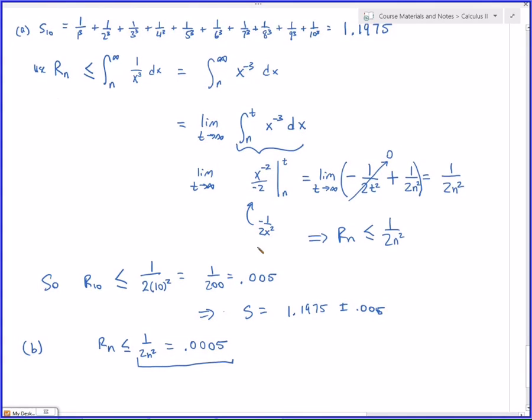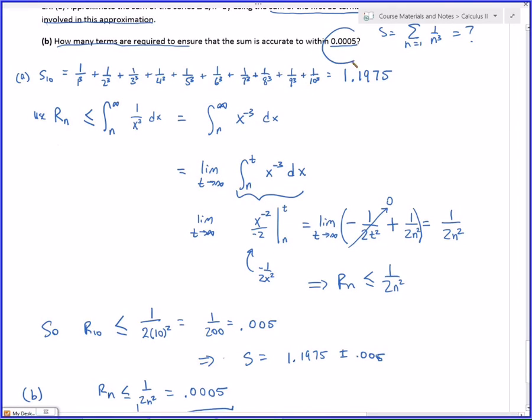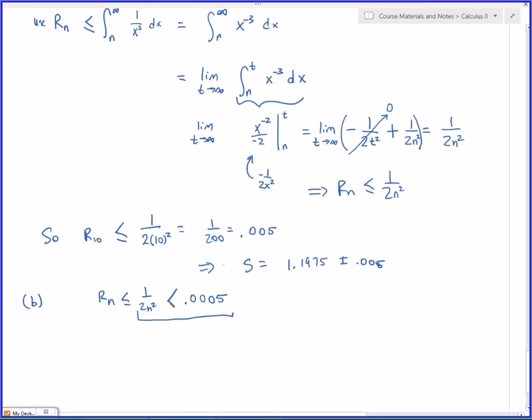I'm setting, because that was the question, I want it accurate to that distance. The question is, how big does n have to be? Actually, even better, I want this Rn to be less than that. So I'm going to solve for n there, right? So I got 1 over 2n squared less than 0.0005.